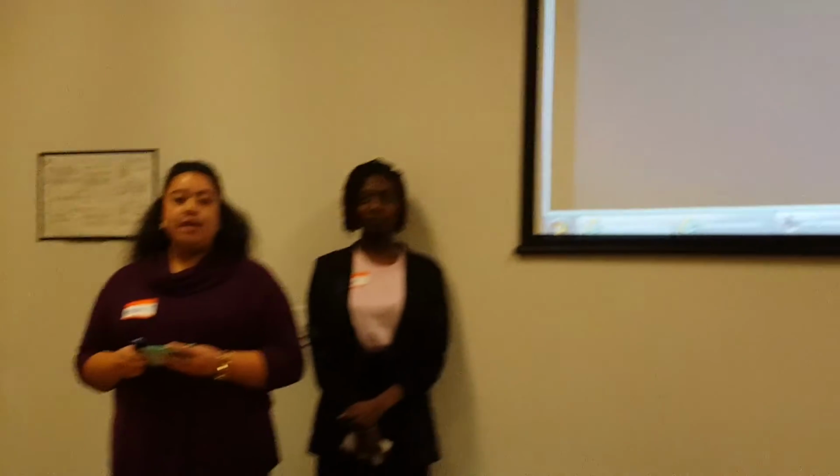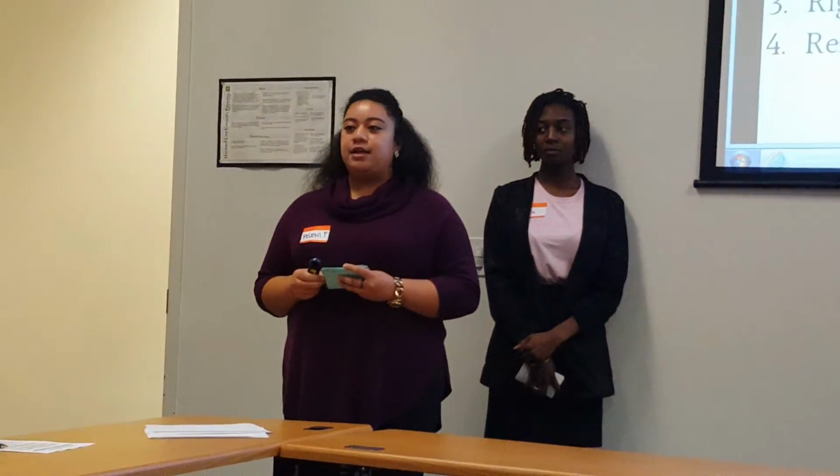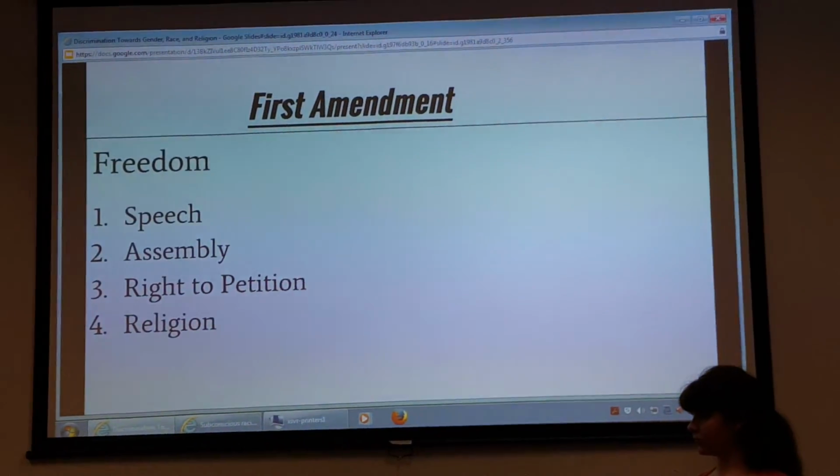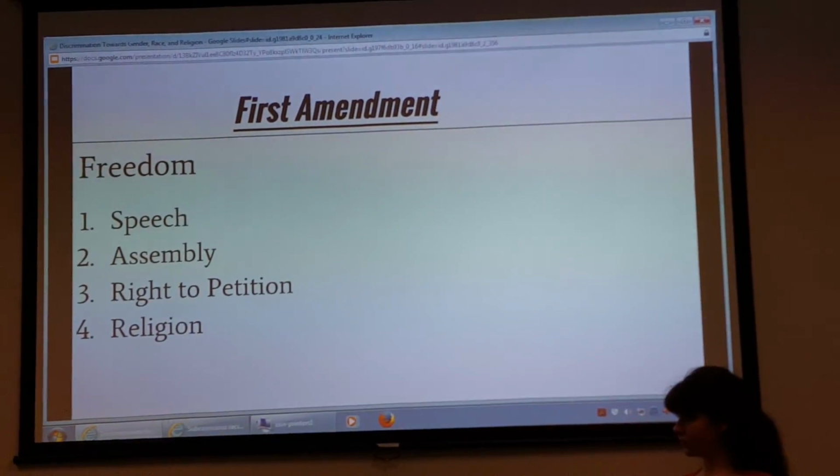Religion is a specific core set of beliefs and practices agreed upon by a number of persons. In 1791, when the Bill of Rights was first adopted, the First Amendment passed as a law respecting and legalizing the promise of freedom: freedom of assembly, freedom of speech, right to petition, and freedom of religion.